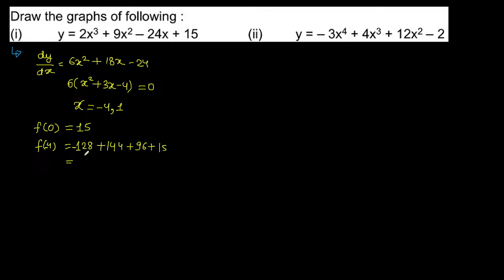This is 16, 31, 127. f(1) is 2 plus 9 minus 24 plus 15, which is 2.